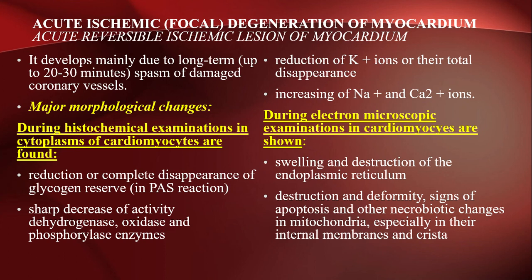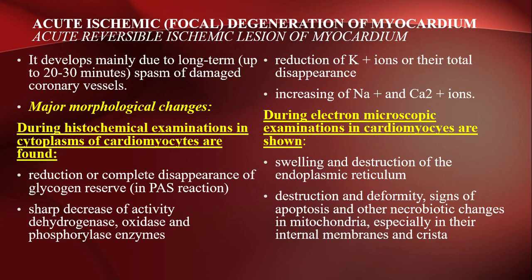As major morphological change during histochemical examinations, in the cytoplasm of cardiac muscle cells are found reduction or complete disappearance of glycogen reserve, sharp decrease of activity of dehydrogenase, oxidase, and phosphorylase enzymes, reduction of potassium ions or their total disappearance, and increasing of sodium and calcium ions.